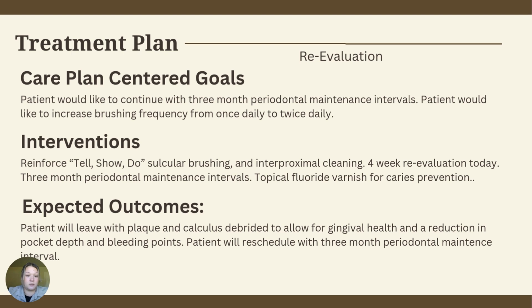Our interventions were positive reinforcement for sulcular brushing and interproximal cleaning. We're going to do a 4-week reevaluation, and then a plan of 3-month periodontal maintenance intervals. At this appointment, we also placed fluoride varnish again for caries prevention.